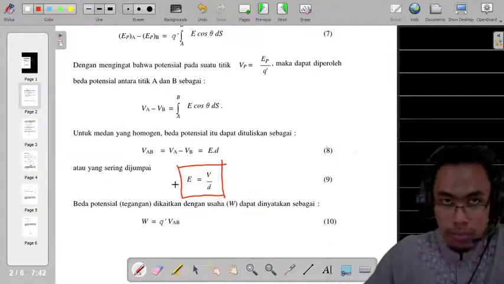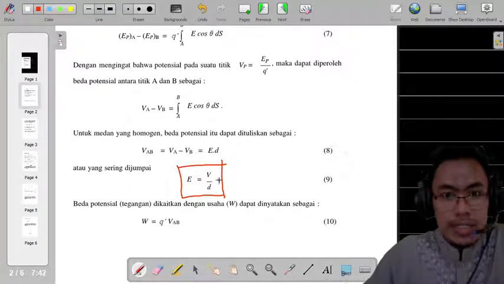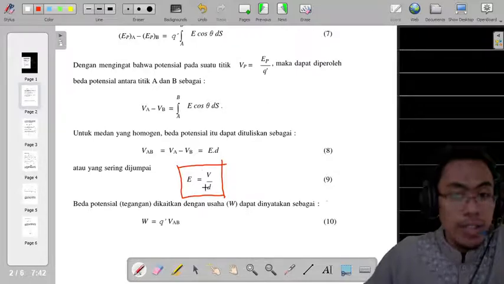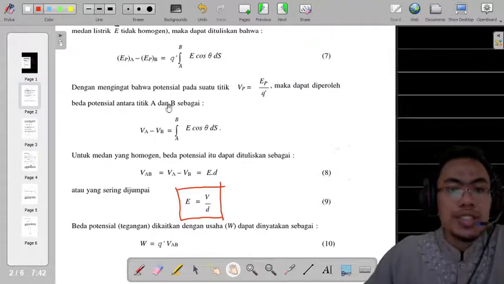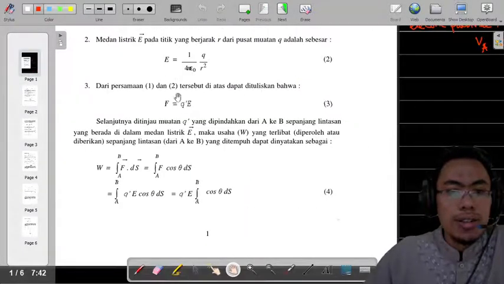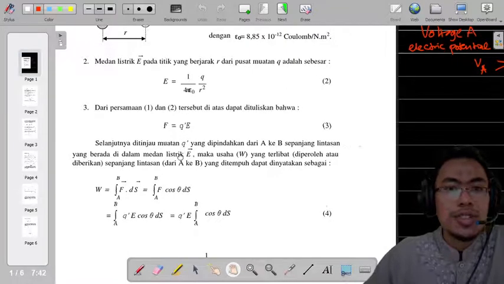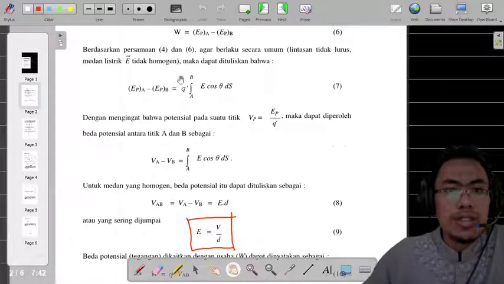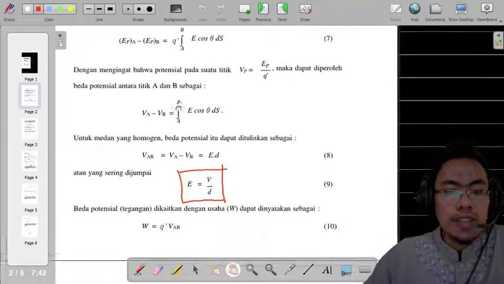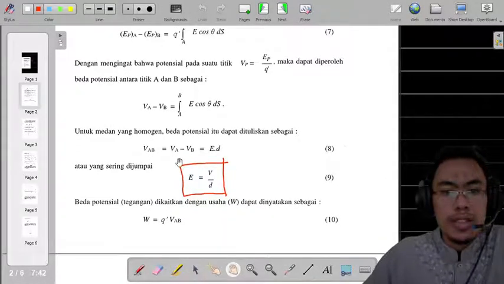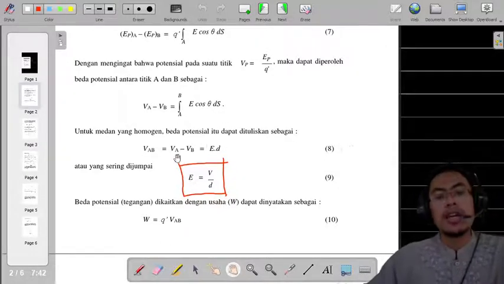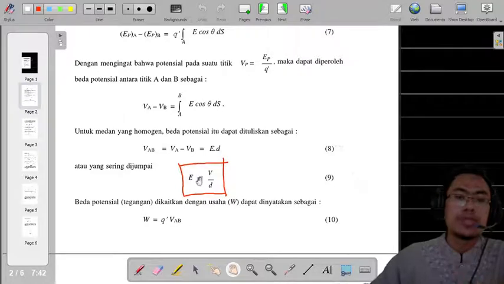And how this formula can be like this: actually you can just follow all the formulas here, from this one, from this one, then you get a lot of things here, and finally you will arrive at this formula.